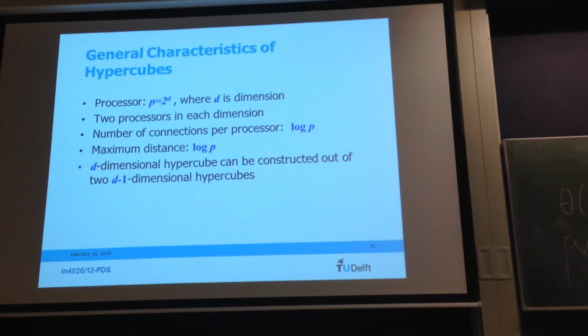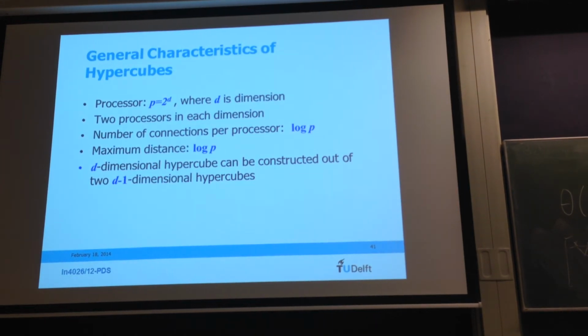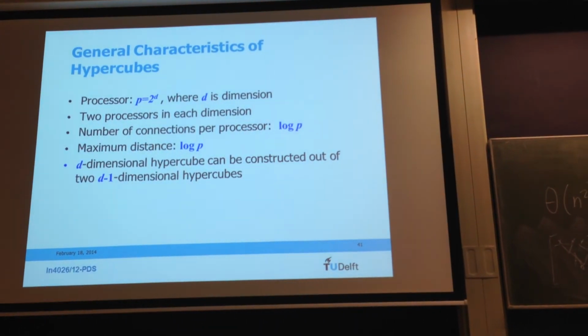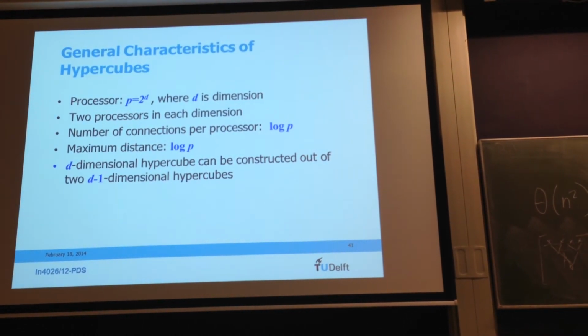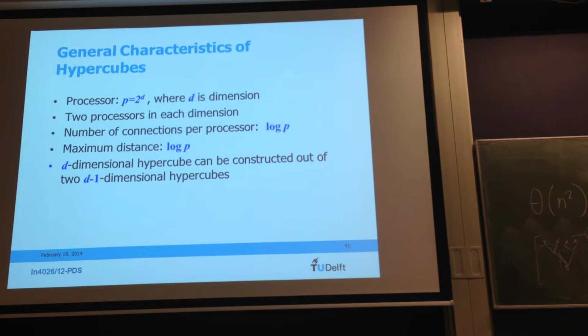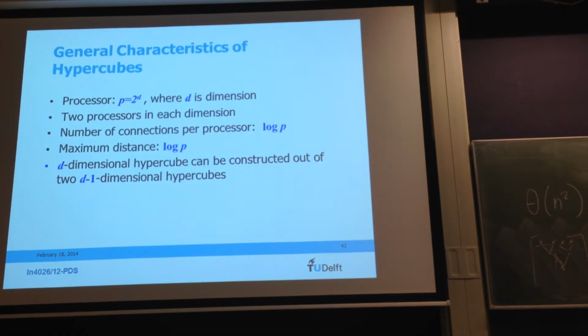Up to 2D, it fits on a surface. But if you go to 3, 4, 5 dimensions, you get all these crossings, and this is difficult to realize on a die. So that kind of structure died a little bit, and there's another reason why it died a little bit, that we'll come to later.